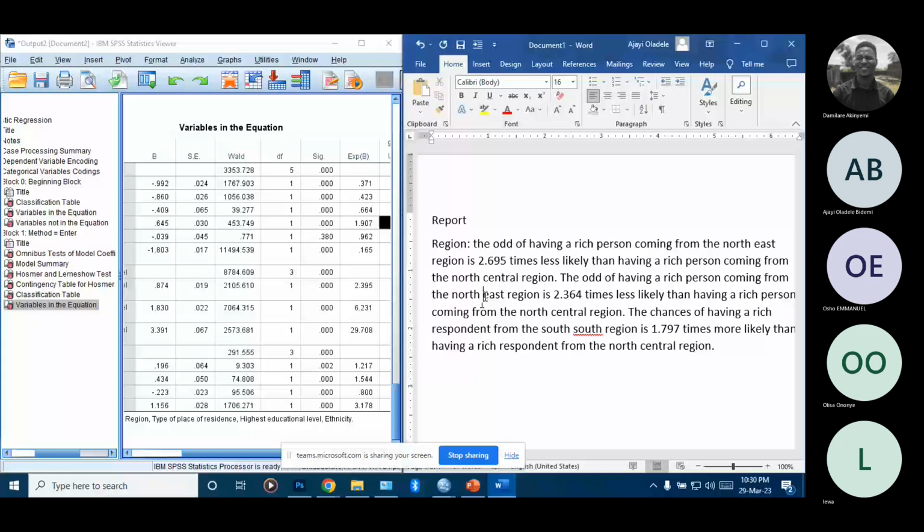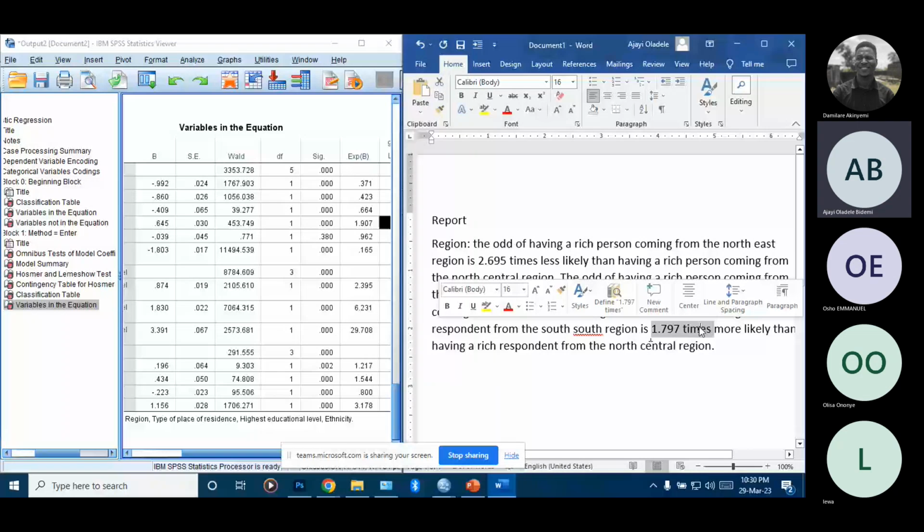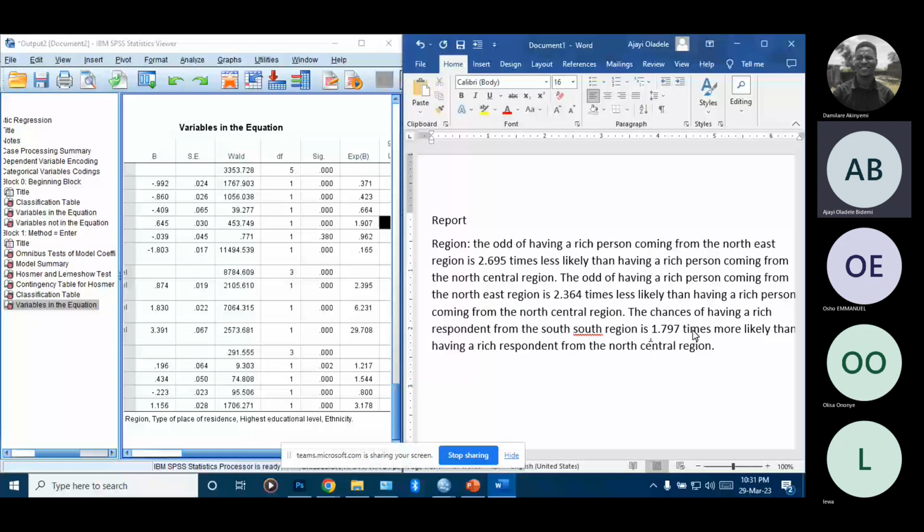That is just what this is trying to say. Also, for this one, the chance of having a rich respondent from the south is times more likely. What it is saying is that people from the south, like people from Calabar, are richer than people from Kwara or from Kogi, you know. And in actual sense, it is reasonable.